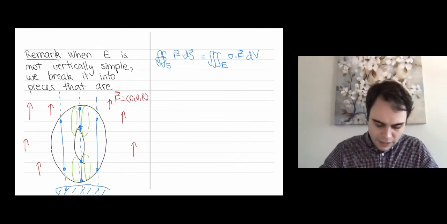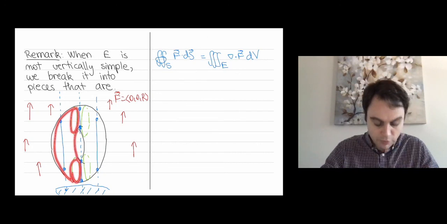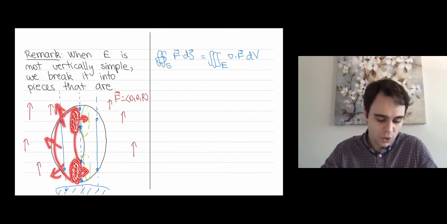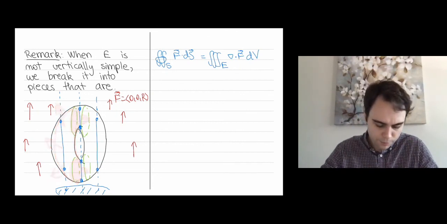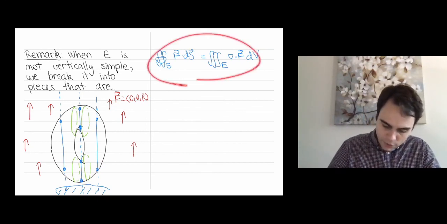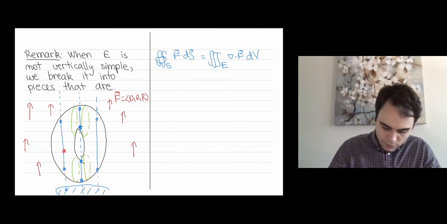So that would tell me the flux through the whole of this side, for example, which includes the surface that we care about, but also includes these two disks here, which we really don't care about. So I know this equation holds for all of these four things.